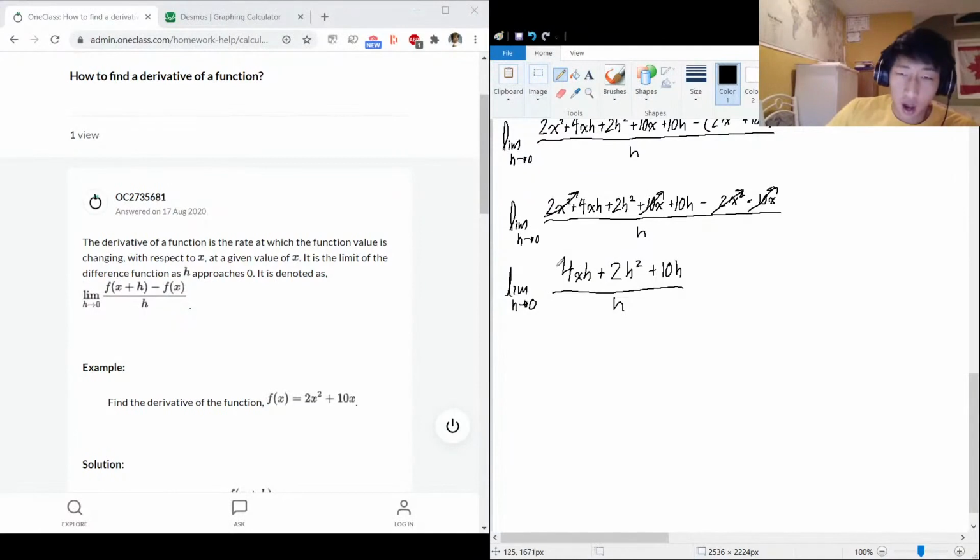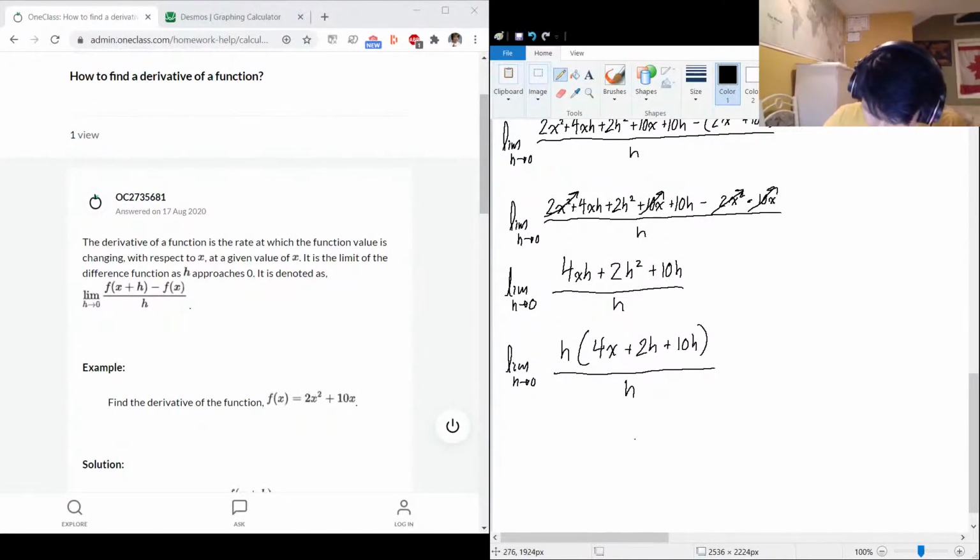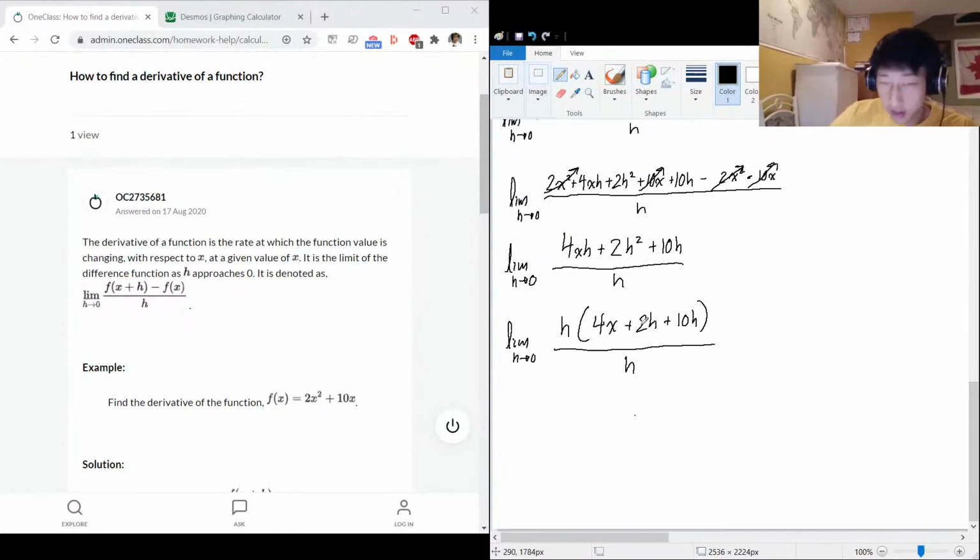If we look at the top, all three of these terms are multiplied by h. How about we factor that out? H approaches 0. We have h times 4x plus 2h plus 10, all divided by h. Oh, look at that. We got h on the top, h on the bottom. Divide them out of each other. And we have limit of h approaches 0 of simply 4x plus 2h plus 10.